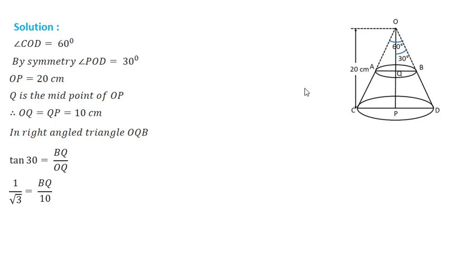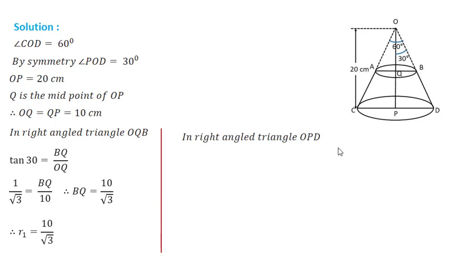Let us put the value of tan 30. It is 1/√3 is equal to BQ, the value of which I don't know, upon this OQ, which is 10. It gives me BQ as 10/√3. So BQ, that is small r1, is equal to 10/√3 centimeter.